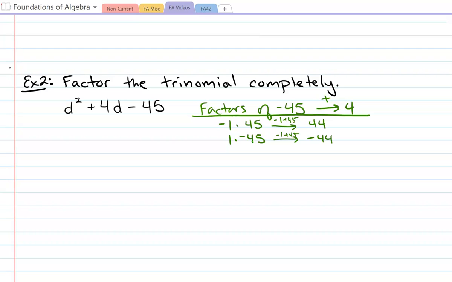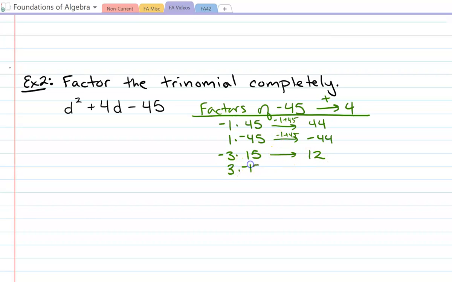So what about the next factor pair? We haven't found our factor pair yet. 2 doesn't go into 45, but 3 does. So negative 3 times 15. Add those, we get positive 12. So that's not it.